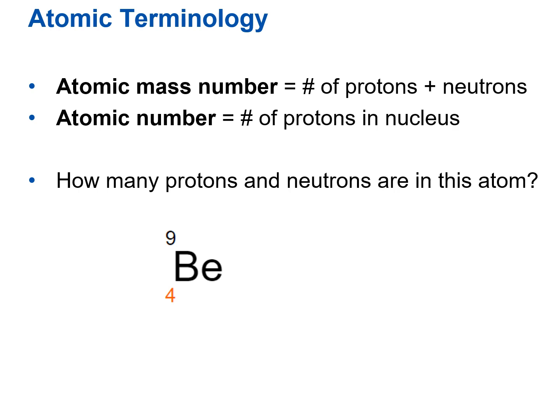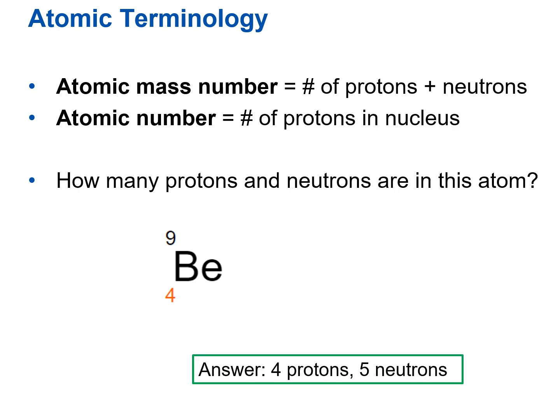So that tells us how many protons there are. So 4 protons. So if the atomic mass number is 9, how many neutrons does that leave us with? And you should get 5 neutrons because 4 plus the 5 is going to give 9. So we're looking at what's an isotope called beryllium-9.